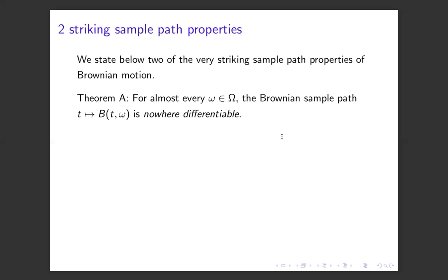You have heard of examples of functions which are continuous but nowhere differentiable, the Weierstrass function, right? Now, if you want to study Brownian motion in a rigorous way, what it amounts to is getting hold of an appropriate probability measure on the space of continuous functions.